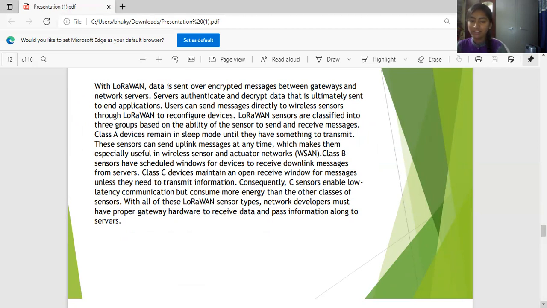Consequently, Class C sensors enable no-latency communication but consume more energy than the other classes of sensors. With all of these LoRaWAN sensor types, network developers must have proper gateway hardware to receive data and pass information along to the services.